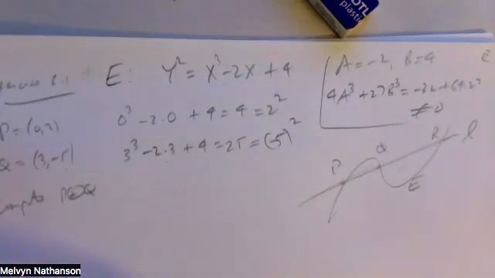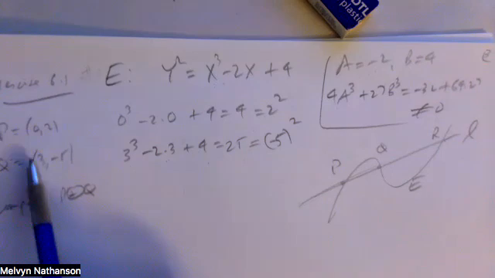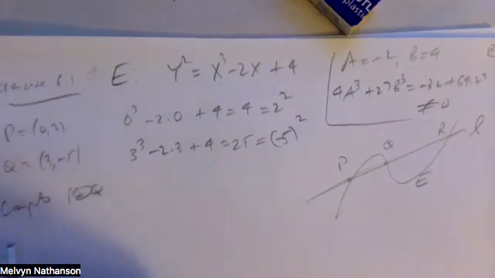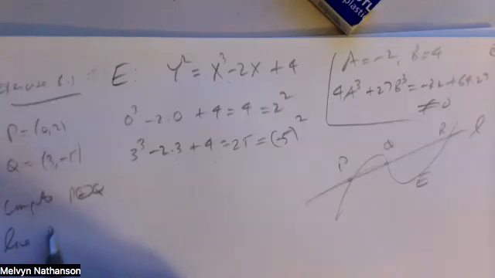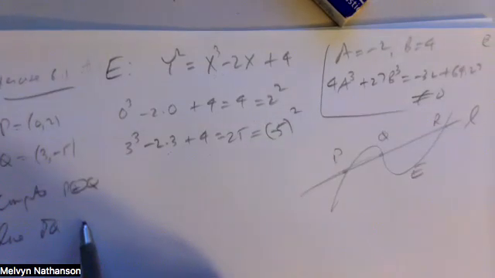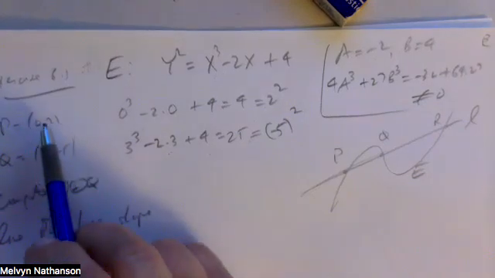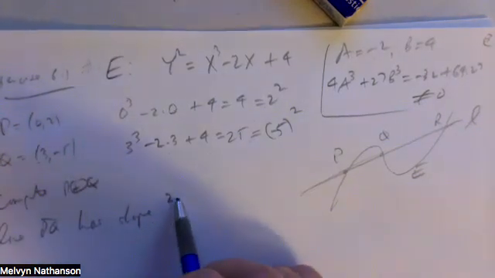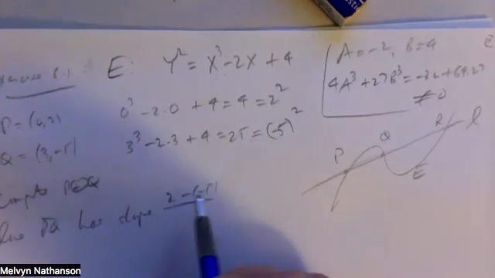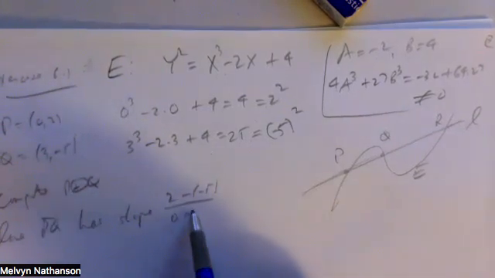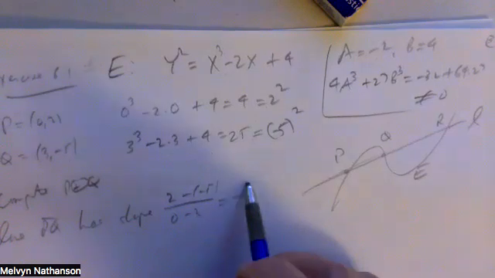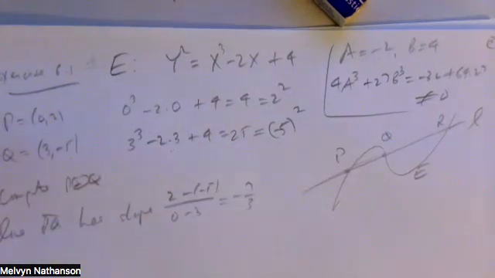So what is the equation of the line? It's the line through P and Q. Well, the line PQ has, what is the slope? The slope is 2 minus 5 over 0 minus 3. So that's minus 7/3.